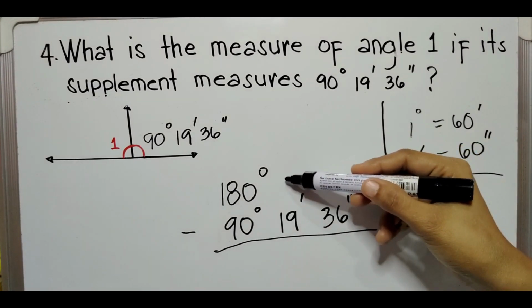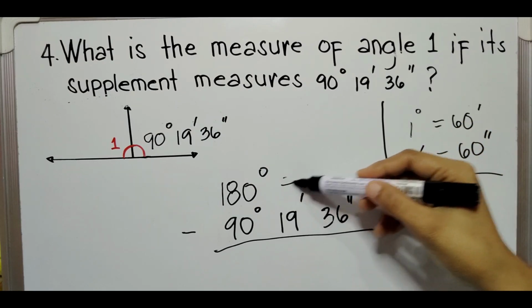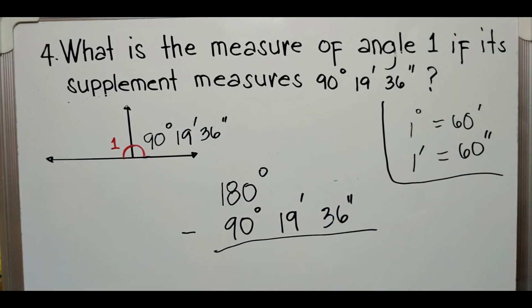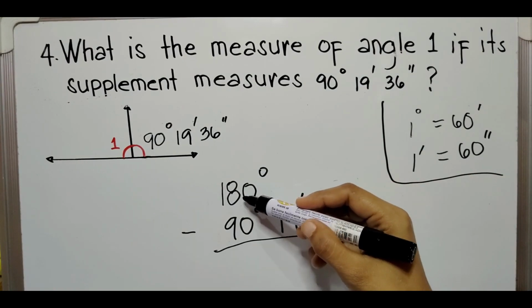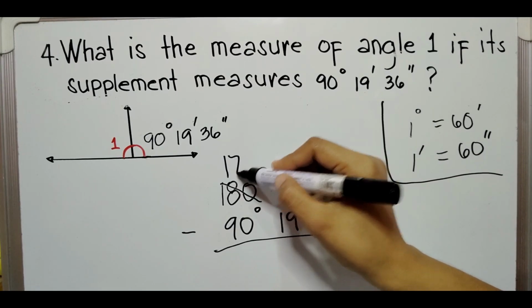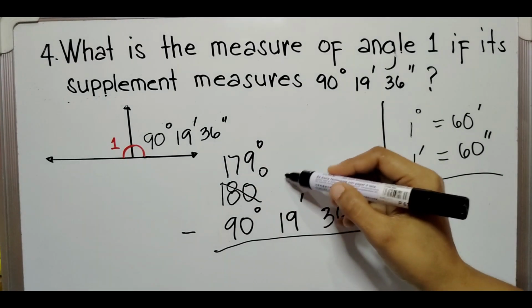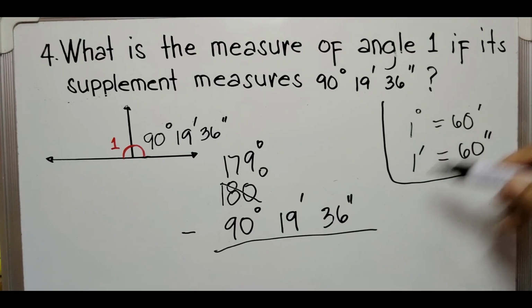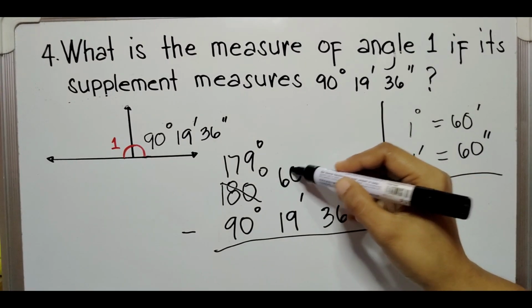We need values for here. So we will borrow 1 degree from 180, making this 179 degrees. So we know that 1 degree is equal to 60 minutes, so we'll write here 60 minutes.